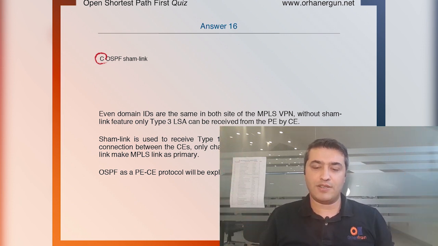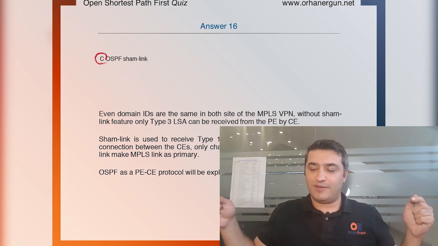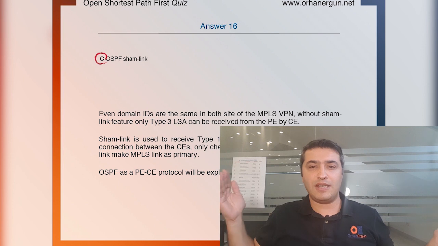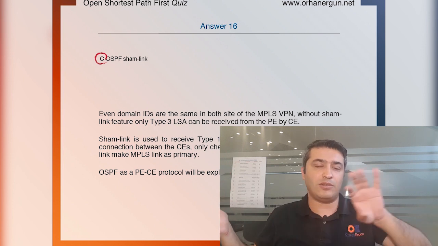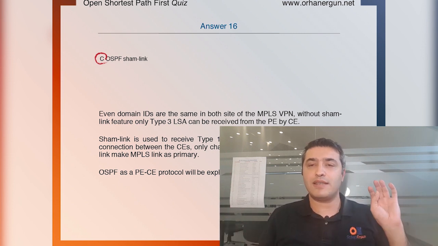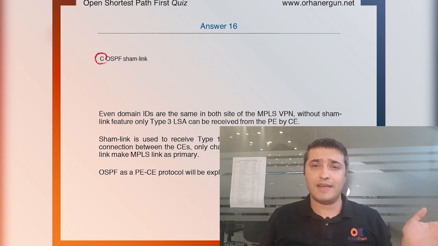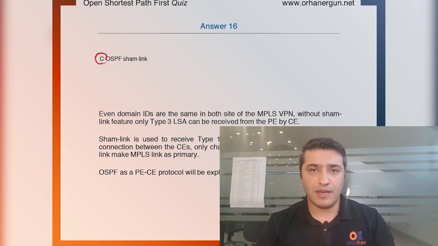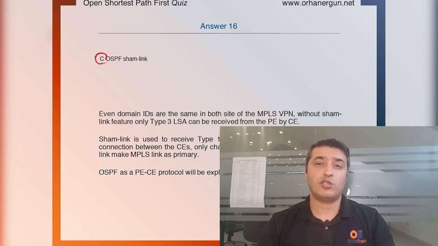Everywhere area 0. So the backdoor link is area 0, and then the CE connection to the PE, area 0 to the MPLS VPN, okay, area 0. Now the prefixes are also in area 0, and you advertise from CE, let's say from the right CE side to the left CE side. The left CE will see the prefixes as type 1 LSA, but from the MPLS VPN backbone, prefixes can come via type 5 or type 3 without sham link.